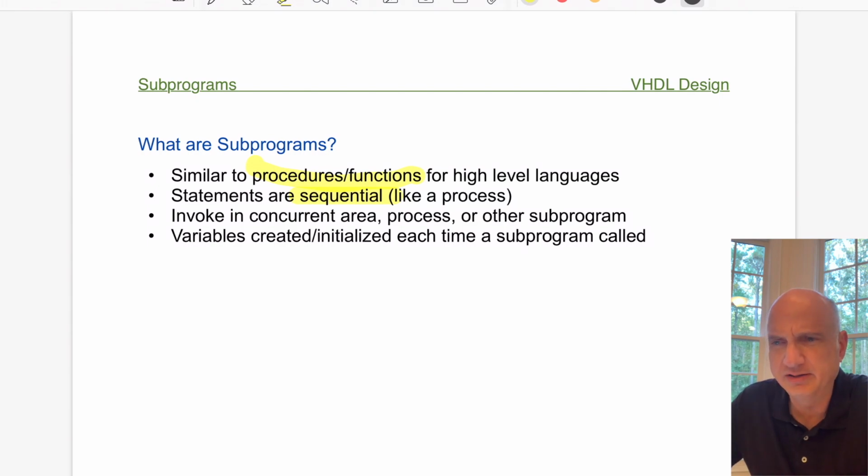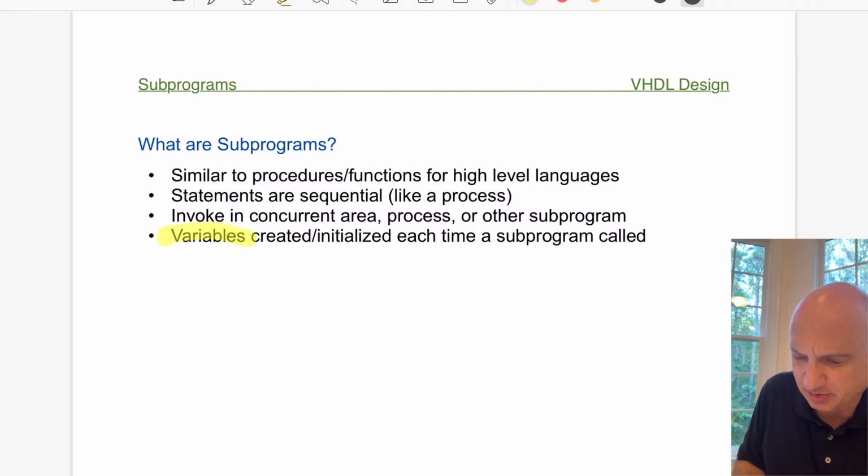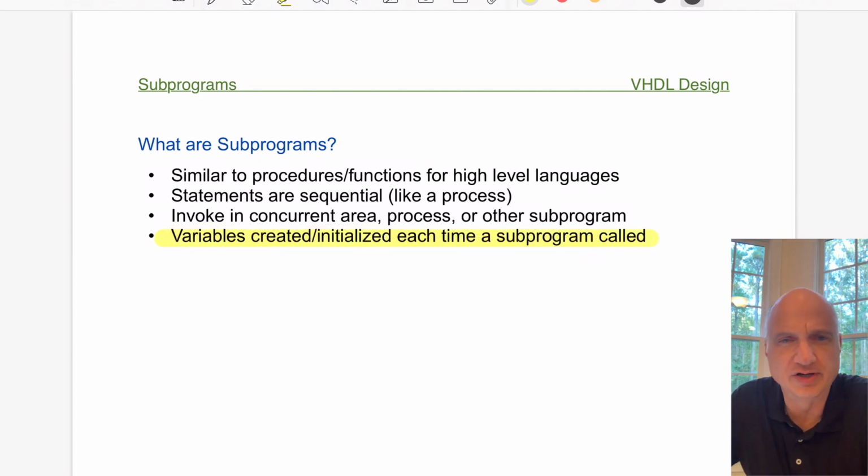The one thing, and this is the kicker, the one thing that basically makes subprograms somewhat limited and also complex to use is the fact that variables that are created inside a subprogram are initialized every single time it's called. So in a process, we've used variables before as a means for temporarily storing information.